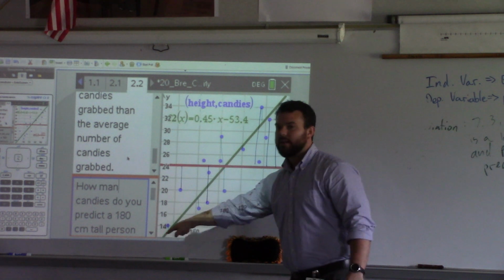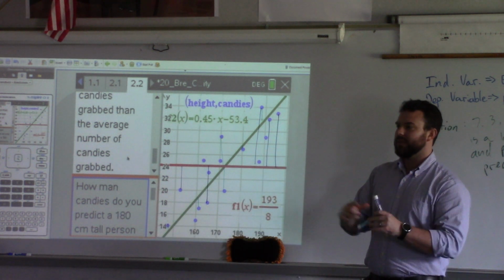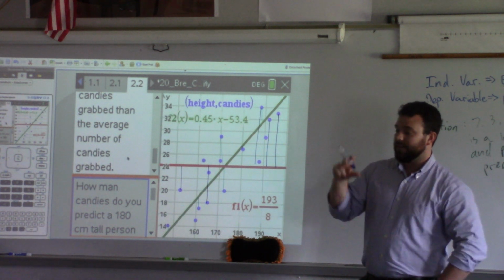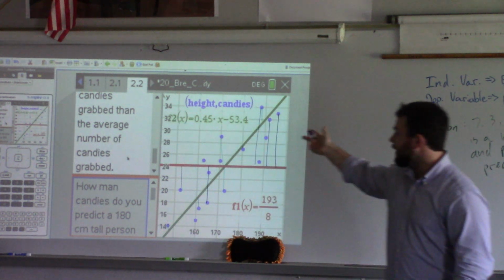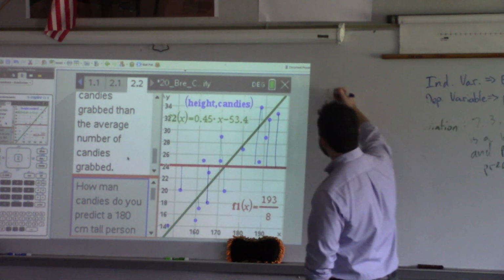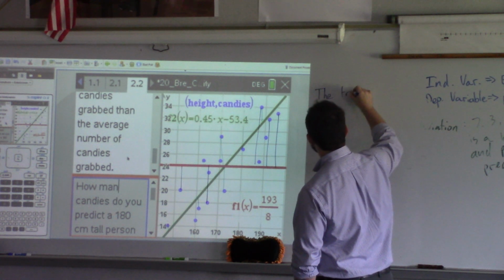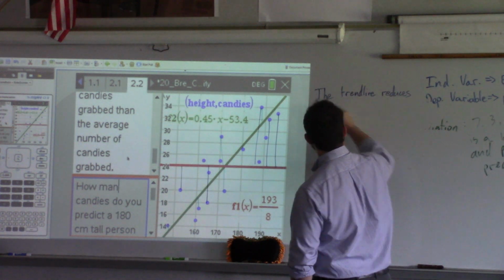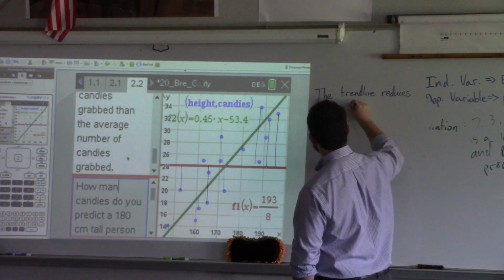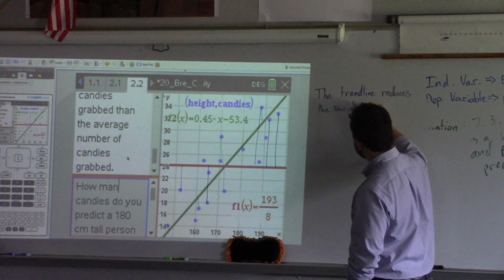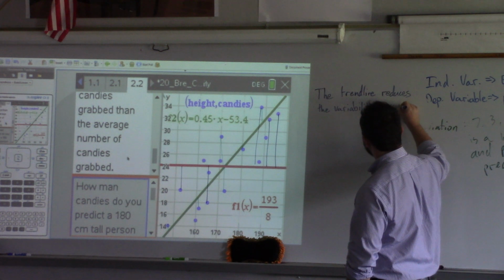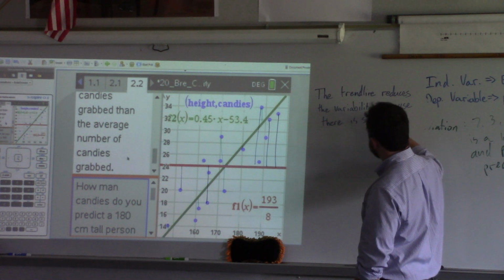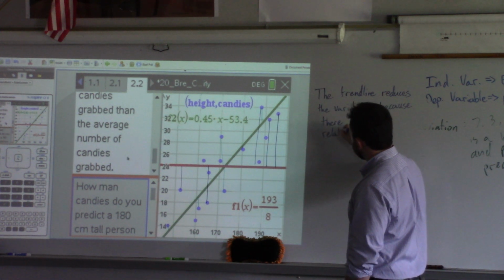Why is this trend line better? Because it has a smaller variability. Okay? That is a key idea here, which if you already have that half sheet of paper out, or a sheet of paper where you try to answer this question, you should make this note to yourself that the trend line reduces the variability because there is some relationship between variables.